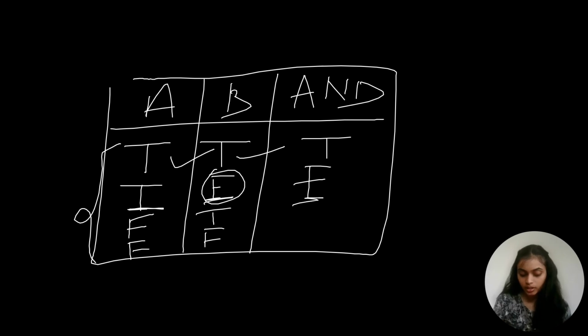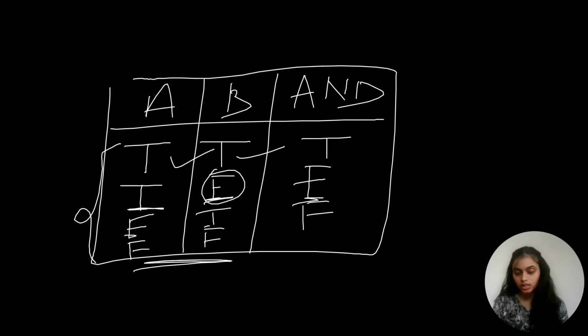That is the reason the output is false. Here I have false and true, the output is again false. Here I have two false, false and false is obviously false. So the easiest way to recognize the output of the AND operator is that if any one of the operands is false, then the result of the AND operator is false.